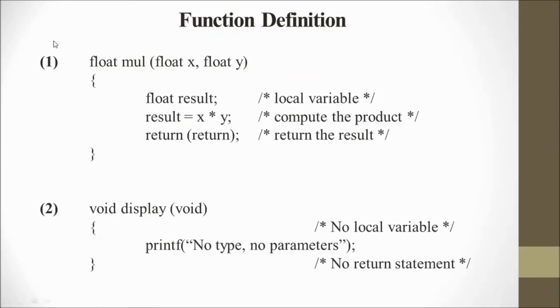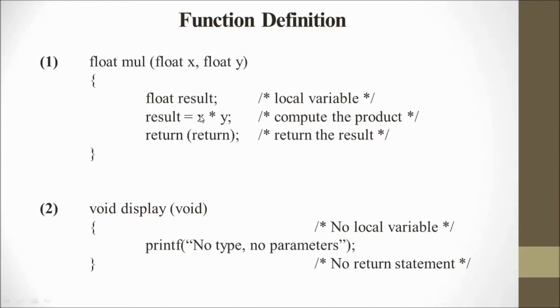So this is an example of functions, how to write a function. Here we use float, the type of the function. The function name is mul for multiplication, with float x and float y. These are the two parameters or two variables of the function. Here float result: we declare a float type variable inside the function, and here we use result equal to x into y.